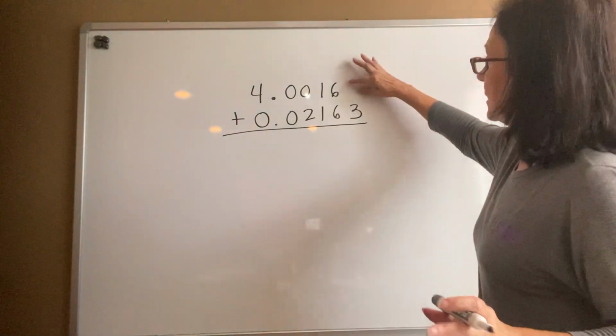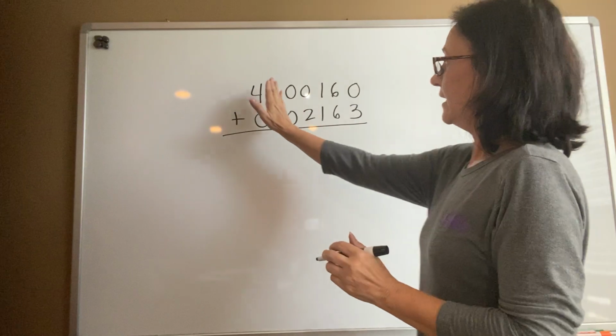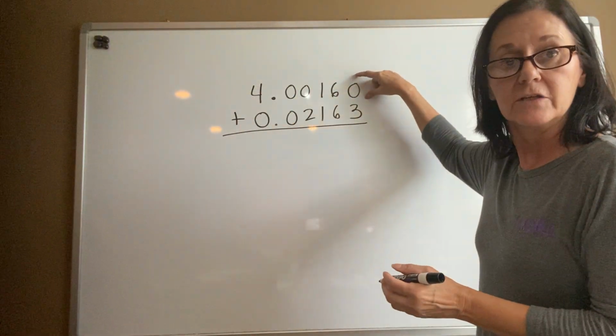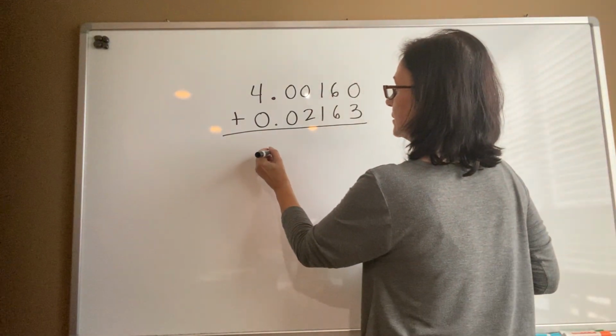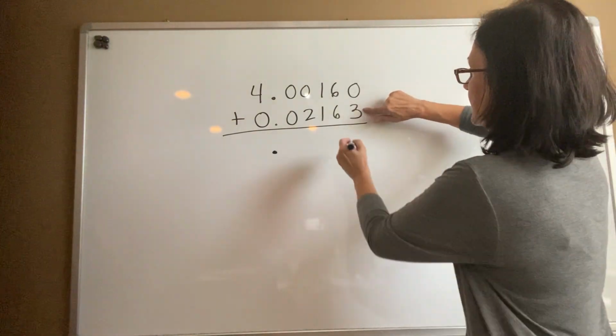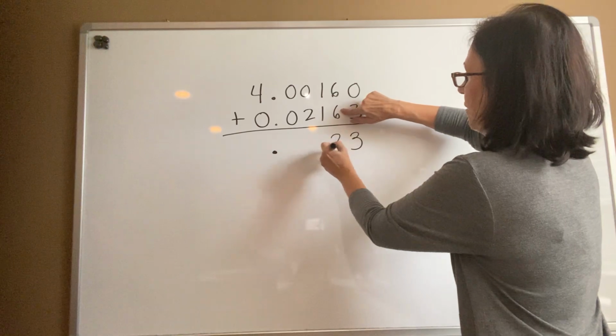Look, this top number doesn't have a place here. You can always add zeros. If we're on the right side of the decimal place, you can add zeros. So we have the same number of decimal places. Our decimal in the solution stays at the same place. Now we're just adding. 0 plus 3 is 3. 6 plus 6 is 12.